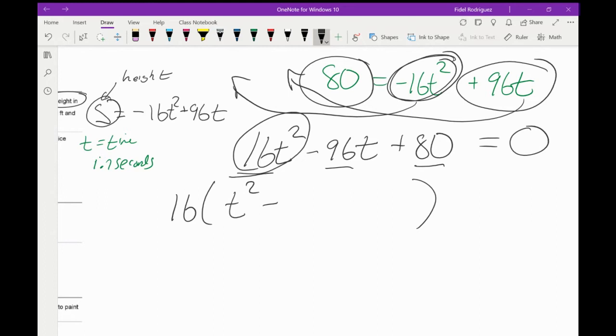I'm just going to take my calculator, y'all. I'm just doing this on my phone real quick. What's 96 divided by 16? I'm coming up with 6, so it's going to be a negative 6t. I'll do the same thing here. What's 80 divided by 16? And that goes in nice and neat into 5.